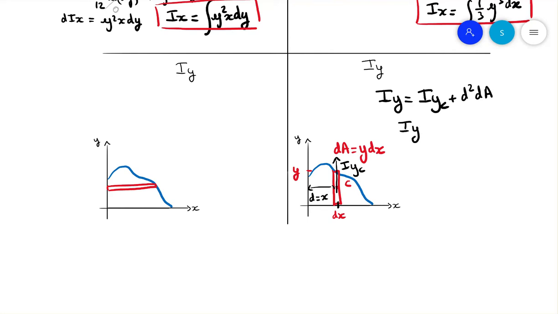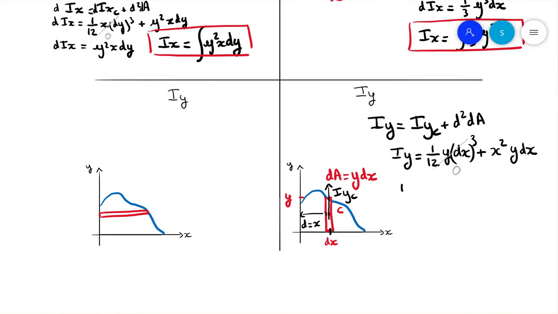So Iy is equal to the Iyc, so you need to rotate 90 degrees and look at your 1/12 bh cubed. So b is y, and h is dx cubed, plus the d squared is x squared, and the dA is y dx. dx cubed is very close to 0, so it's negligible.